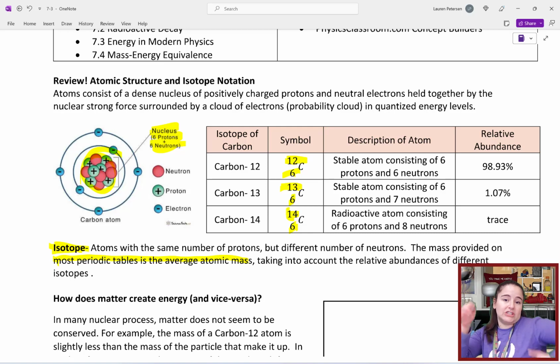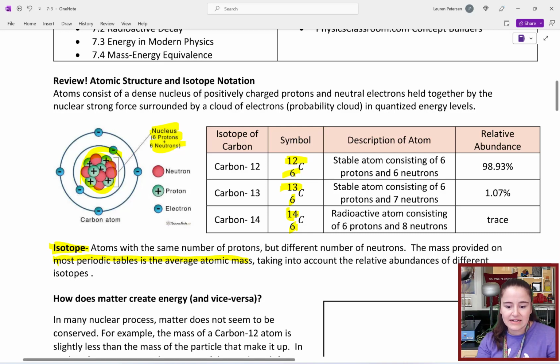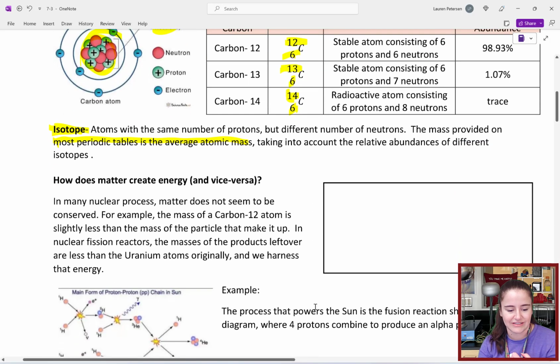In a general sample of carbon, 98% of it is going to be C12, 1% is carbon-13, and we only use trace amounts of it for carbon-14. That's the one we use for carbon dating. So when we do these types of problems, we will need very specific, very detailed masses, with a high level of precision.